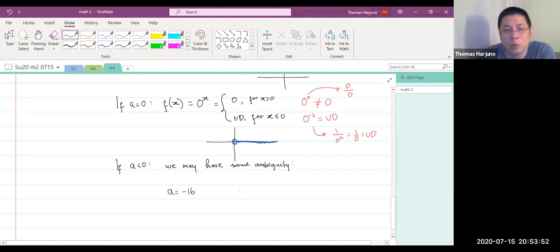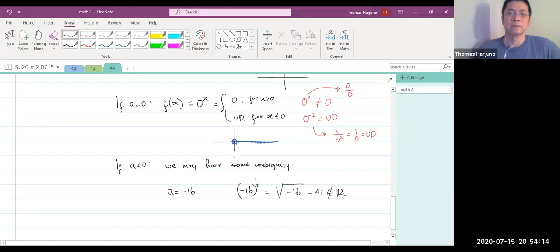Then what is negative 16 to the power of 1/2? Negative 16 to the power of 1/2 is the same as the square root of negative 16. We know this is 4i, therefore it is not a real number.